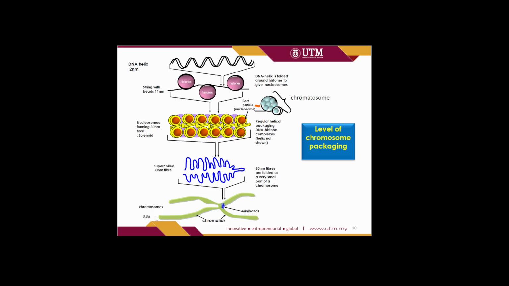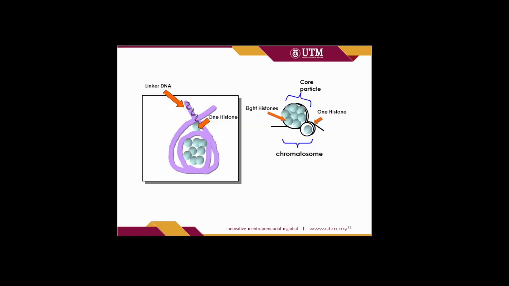The nucleosomes will be folded and supercoiled around each other in fibers with a diameter of 30 nanometers, as I told you. Then it will be packed in the chromatids.